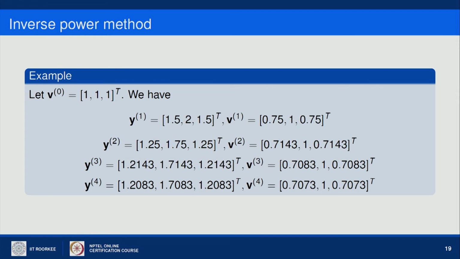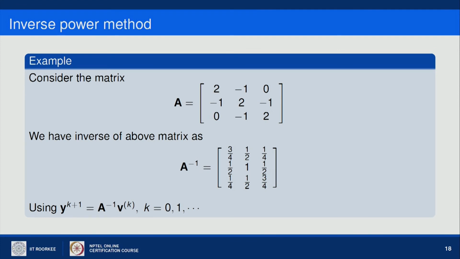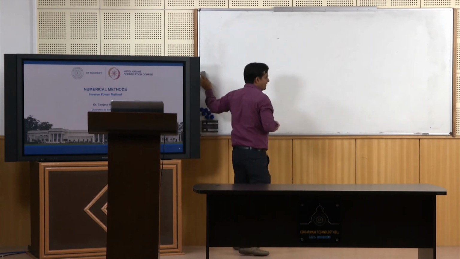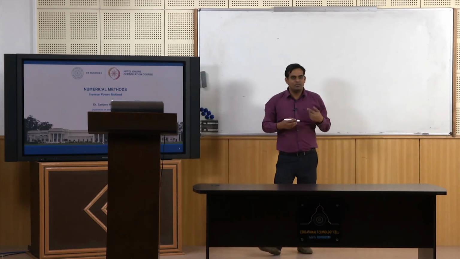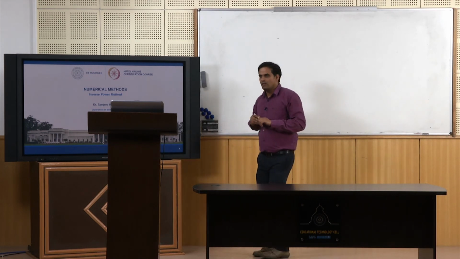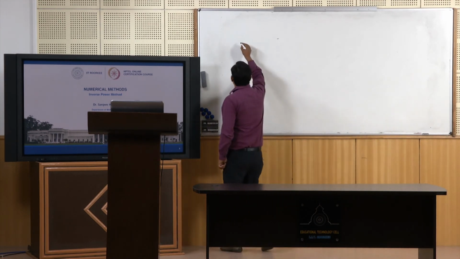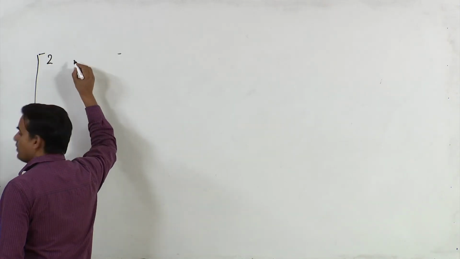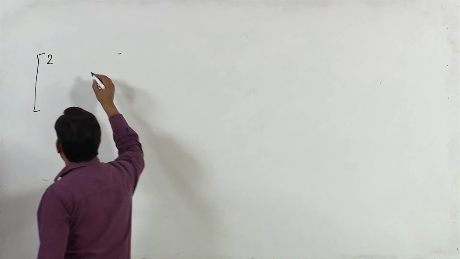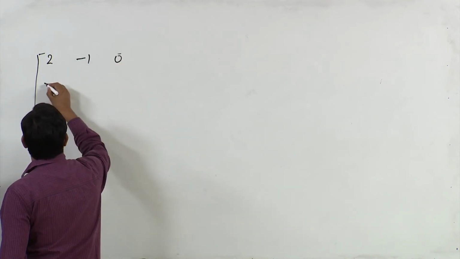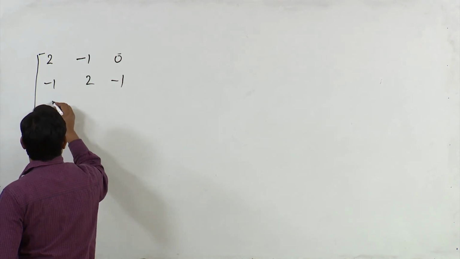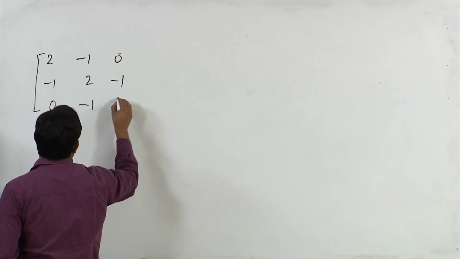However, here we are doing it with A inverse, but if I do it without finding A inverse, then the system can be solved with less computational effort. For example, my original matrix is 2 minus 1 0, minus 1 2 minus 1, and then we are having 0 minus 1 2.